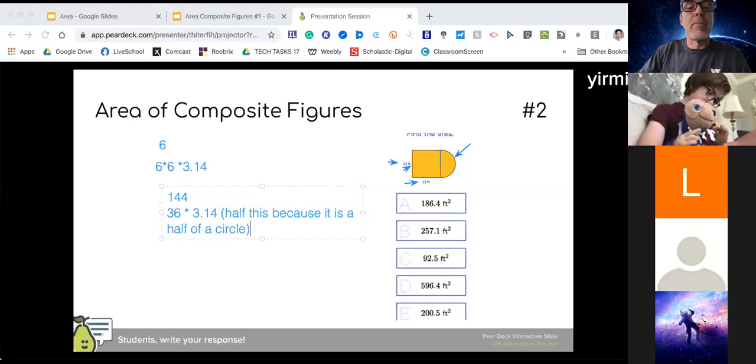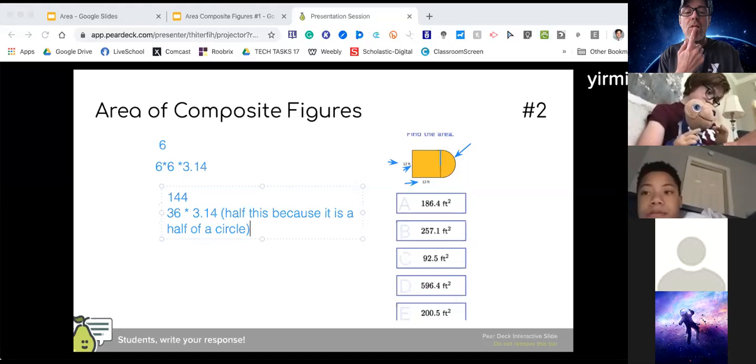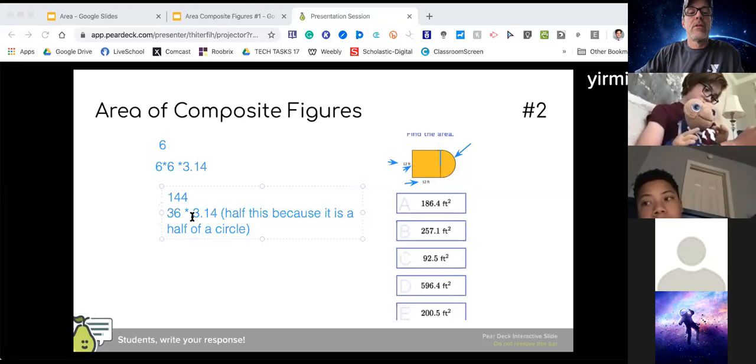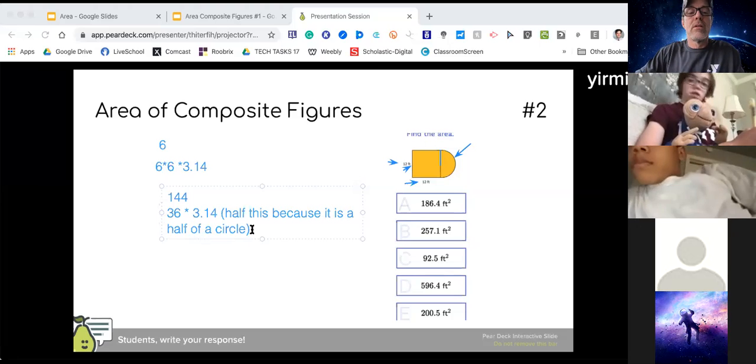And so then that number, what did y'all get for that number? I got 128.52. And then you add the 128.52 to the 144. Wait, what? I got 113.04, I think.